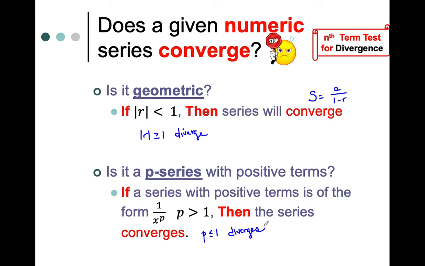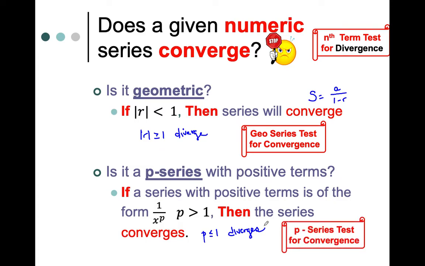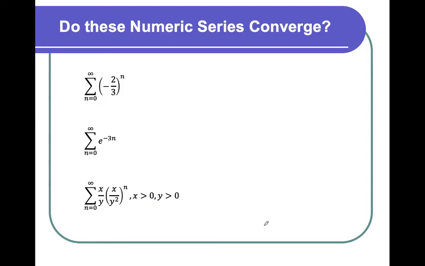All right, so let's practice a couple of those, geometric and p-series. Use the geometric series test for convergence, that's in red, common ratio less than 1. P-series test for convergence is where I want p to be greater than 1. So, do these numeric series converge?